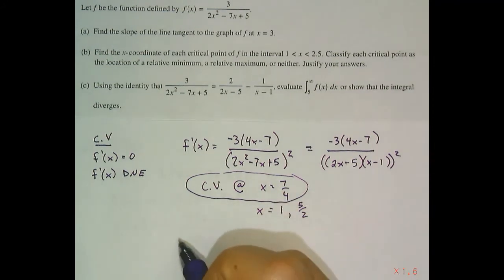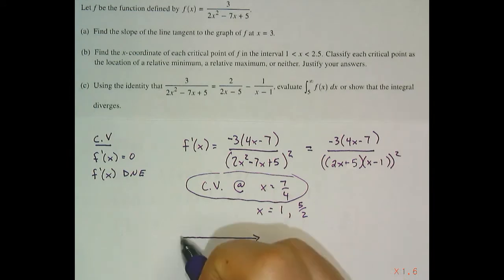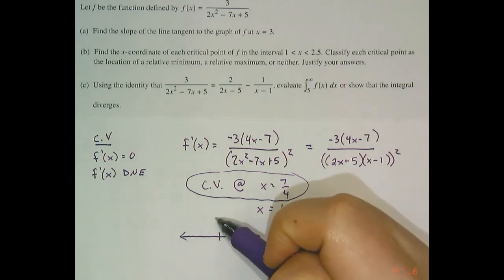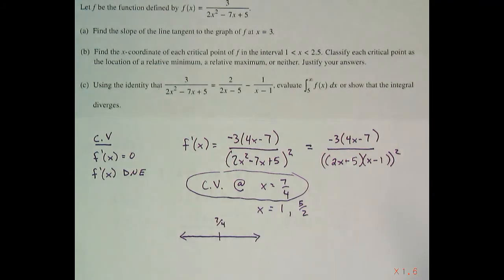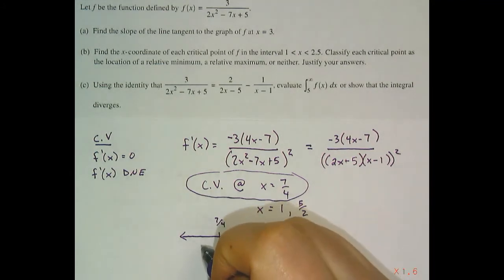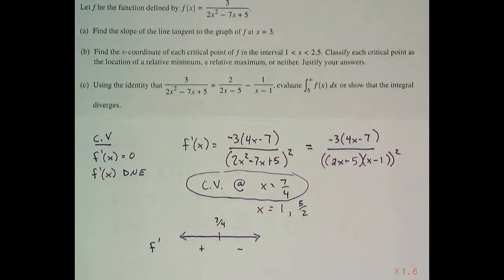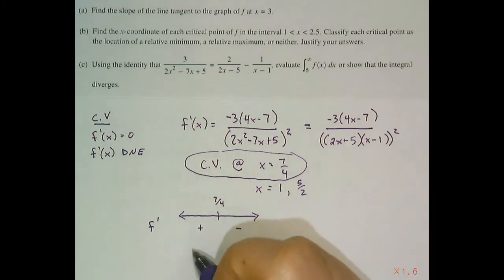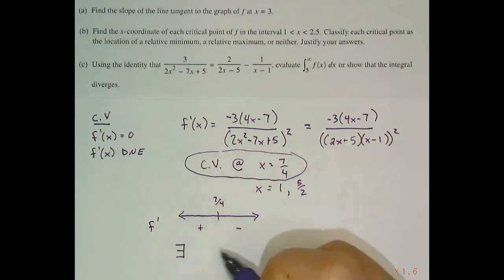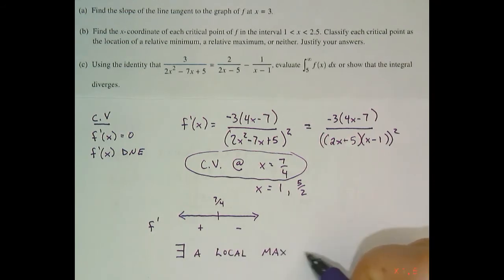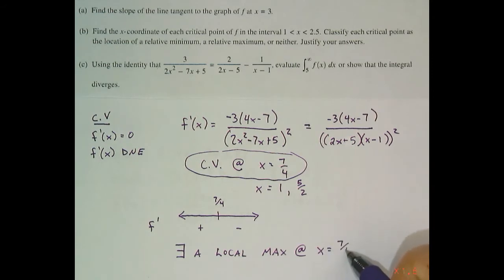So if we do the first derivative number line at 7/4 and we choose numbers on each side of 7/4, f prime changes from positive to negative. So there exists a local max at x equals 7/4 because f prime of x changes from positive to negative.